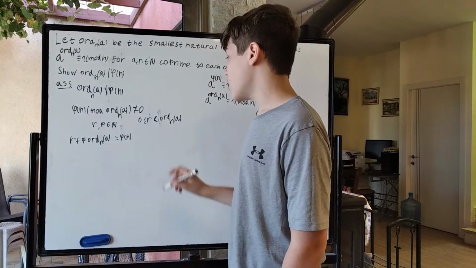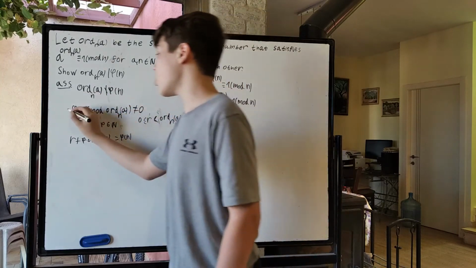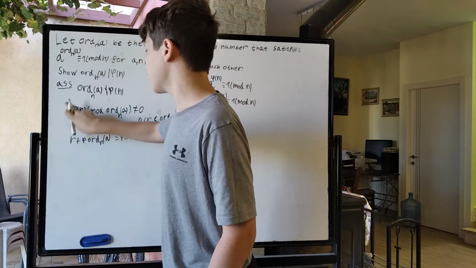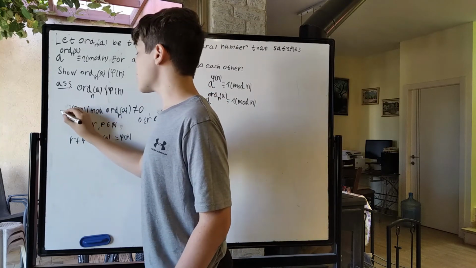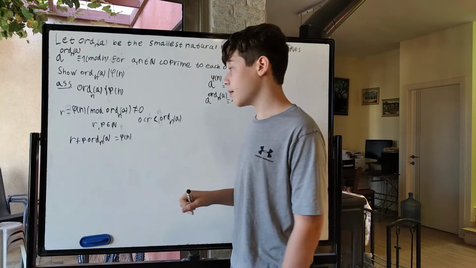But now that we know that this cannot be 0, and this is actually just r, we can now remove this equal sign.